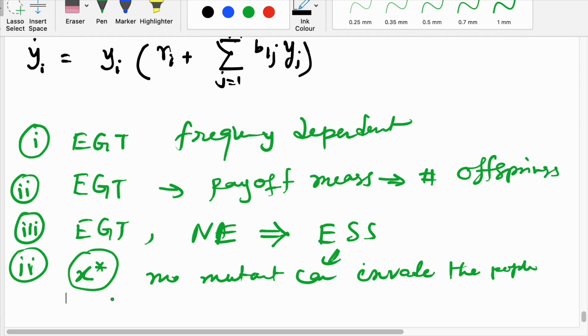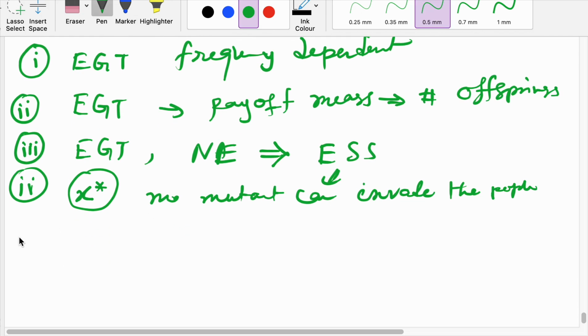And then we looked at replicator dynamics for three dimensions, the rock paper scissors game.